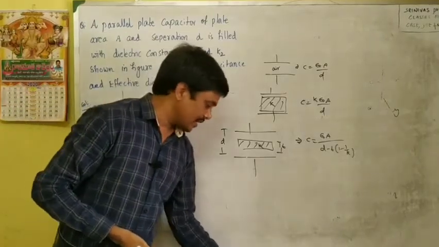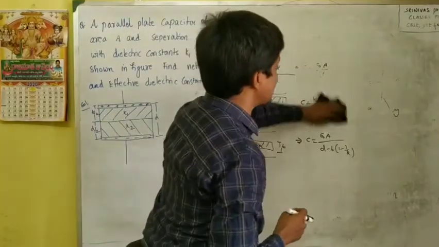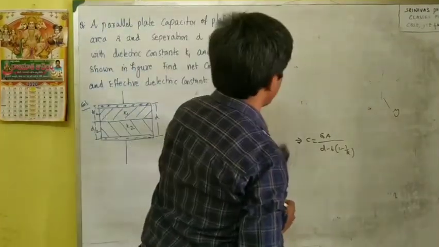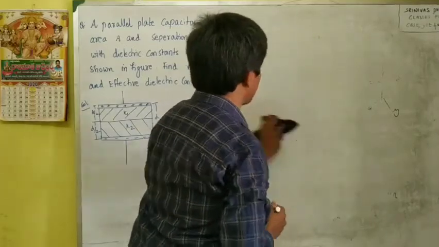It is very simple to find out the capacitance, and in the last class we also discussed the series and parallel combination of capacitors. The series and parallel combinations of resistors and capacitors are somewhat different.